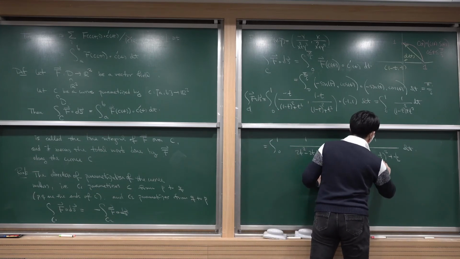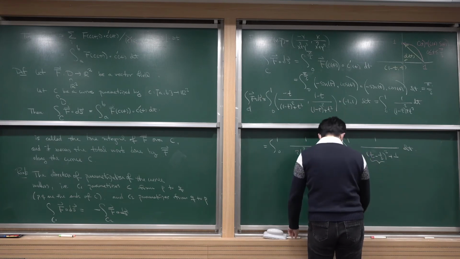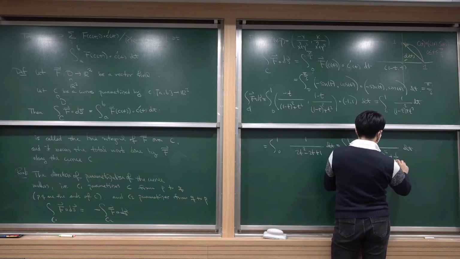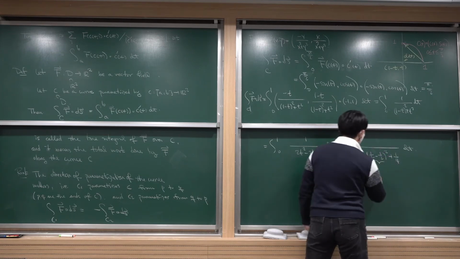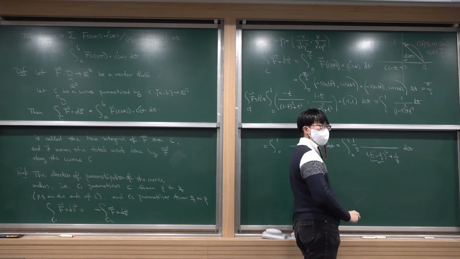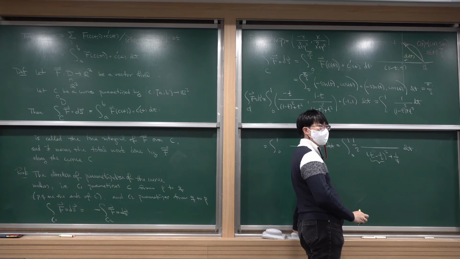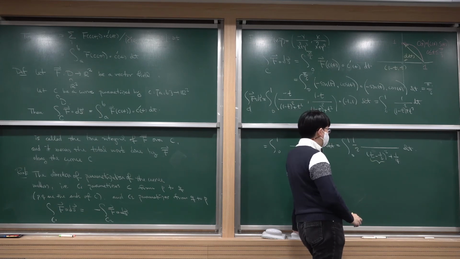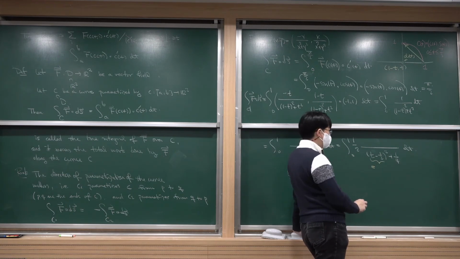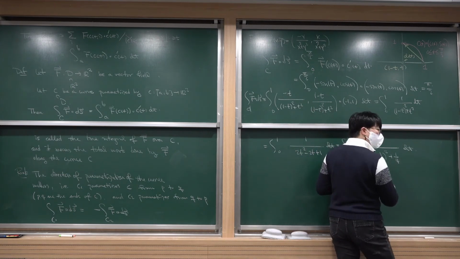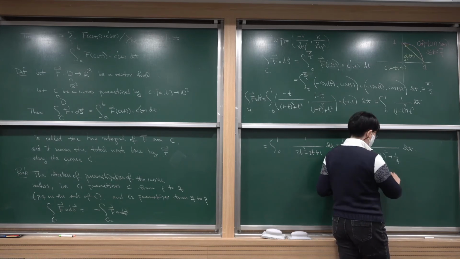So what should I replace that with? Substitute t minus 1 over 2 with tangent theta.